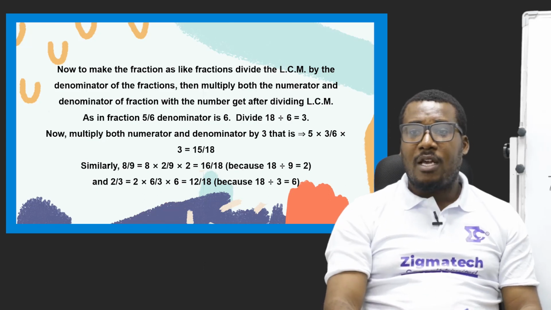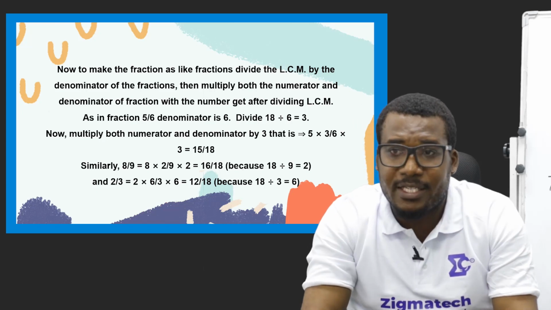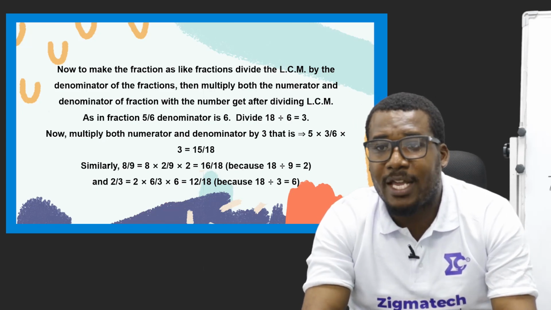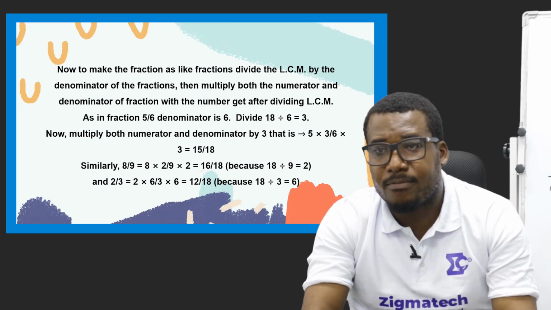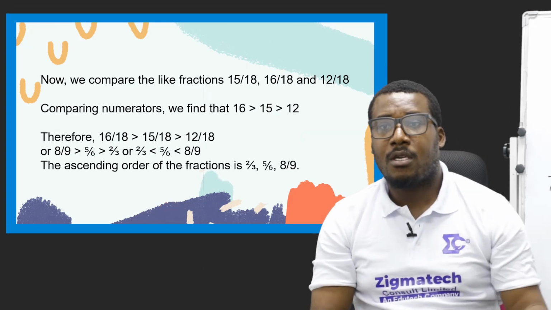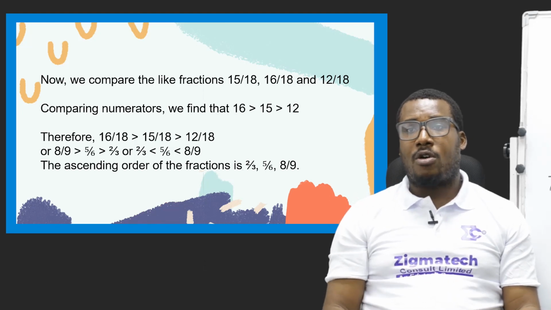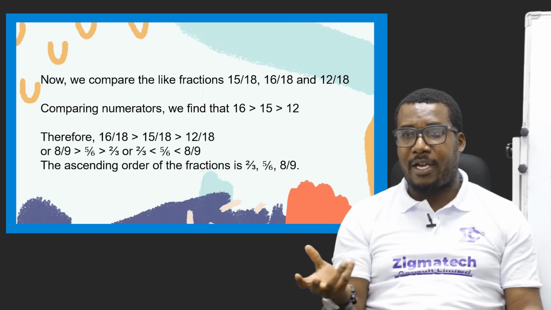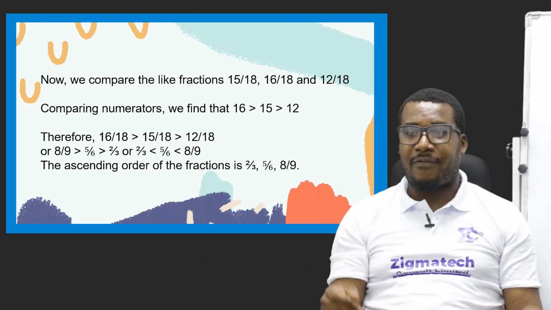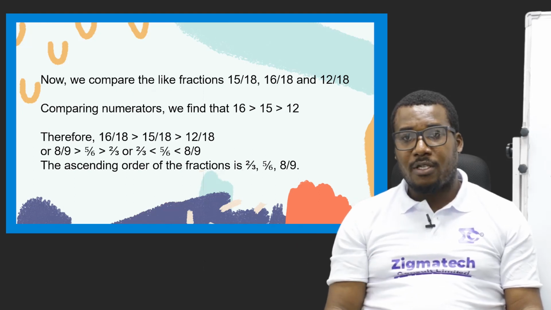So it means your answer there will be 16 over 18, 15 over 18, and 12 over 18. That's your answer. When you compare all the fractions, you find that 16 is greater than 15, 15 is greater than 12, and that's your final result.